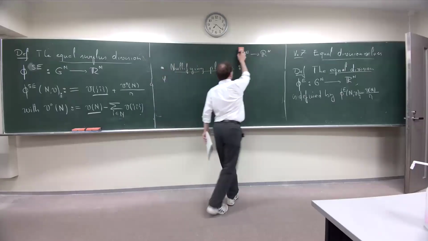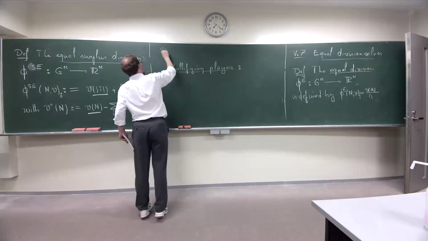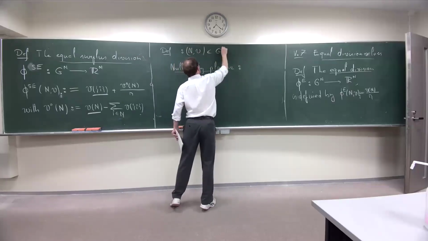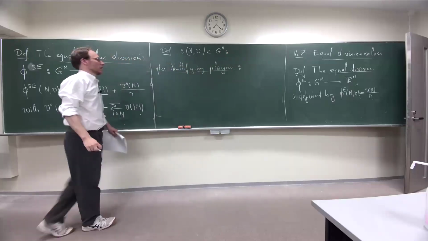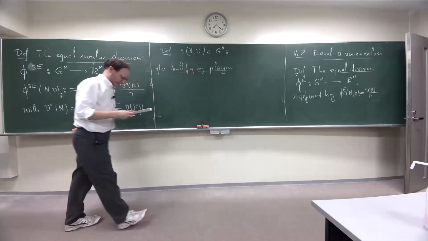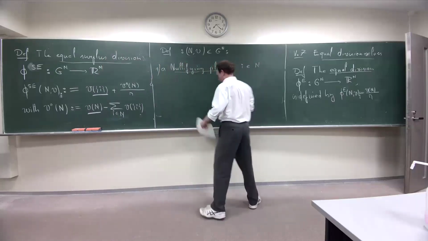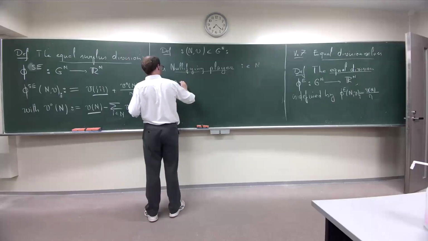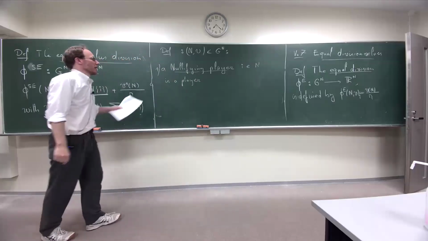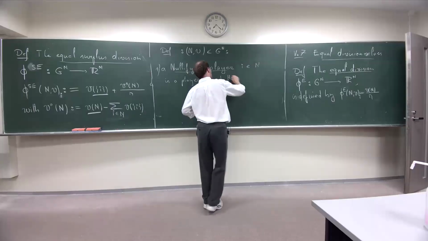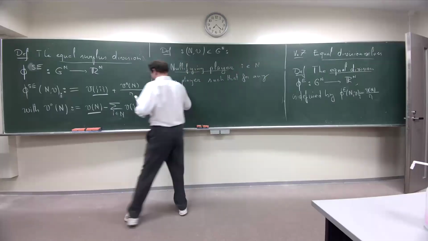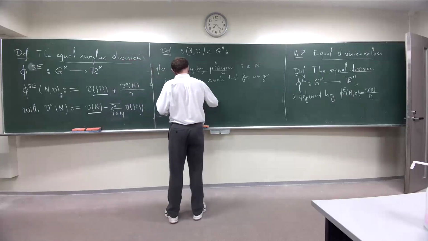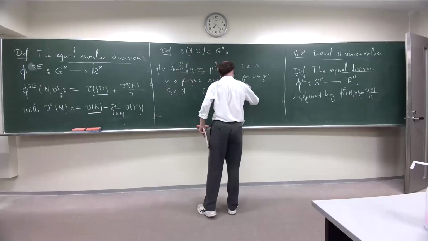So the definition: I consider a game (N, v) and a nullifying player I is a player such that for any coalition S with I inside S, v of S is 0.